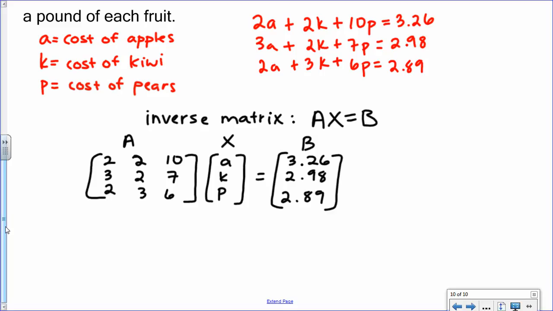Okay, so what I'm doing is I want to find X, right? I'm trying to find what my variables are. So remember, to get rid of A, we're multiplying both sides by A inverse.